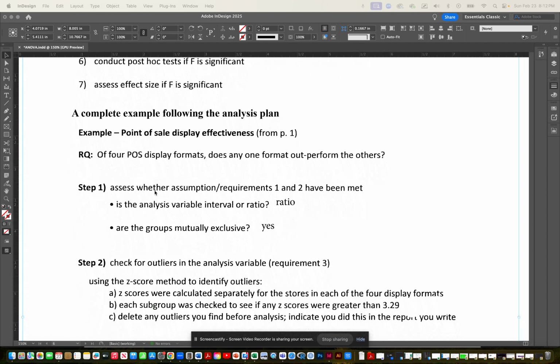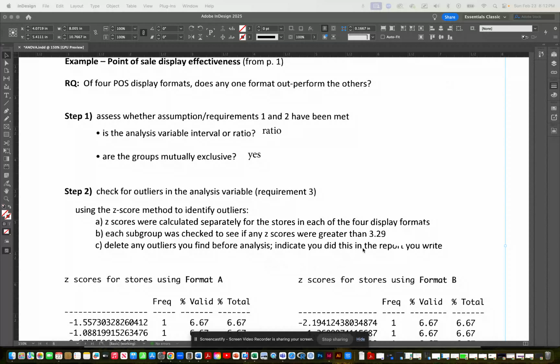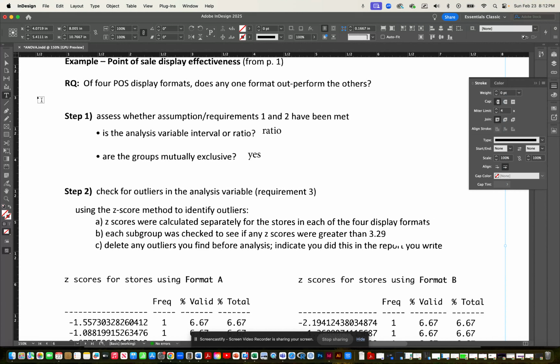So we'll use the z-score method to identify outliers. And you would have to calculate the z-score separately for each of the four display formats. And what we have here is the cutoff would be 3.29, the absolute value. So let me make that note here.